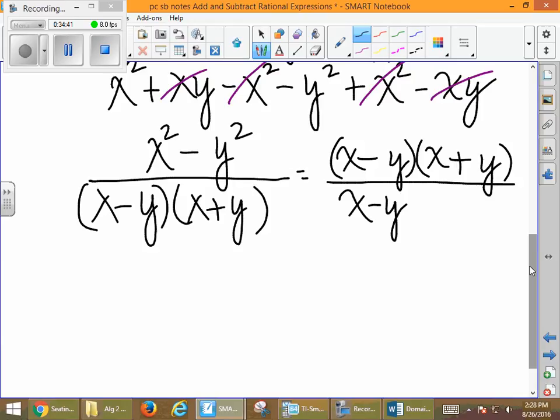Do we have anything exactly the same on the top and then on the bottom? The x minus y's are the same. The x plus y's are the same. What's our answer? It's 1.